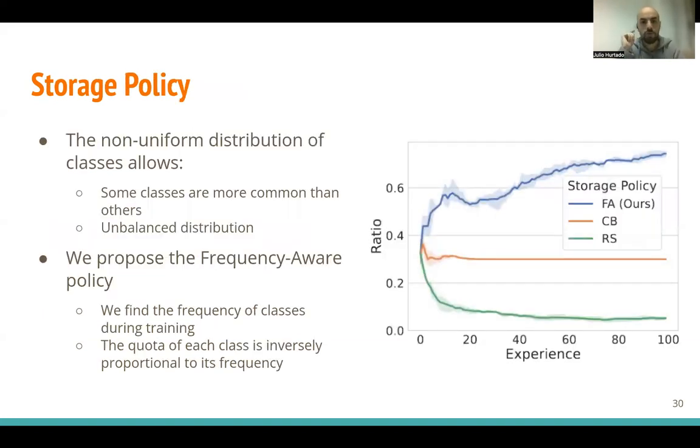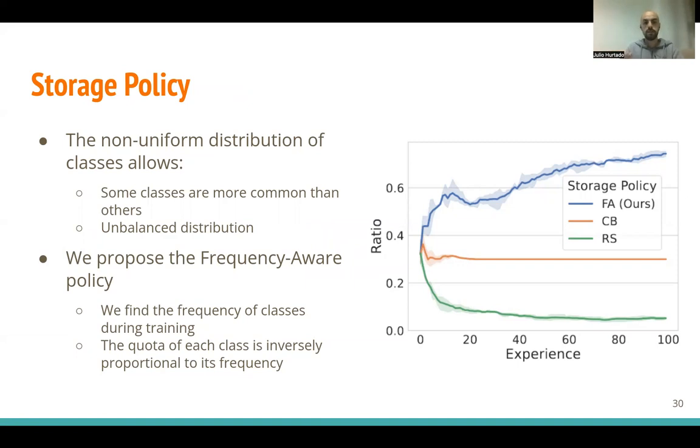If we focus only on the storage policy situation, because we now have these non-uniform distributions of classes, we don't want, for example, class balance, where each class is repeated equally. If some classes naturally repeat in each of the tasks, or in most of the tasks, they don't need to appear as much in the memory as other uncommon classes.